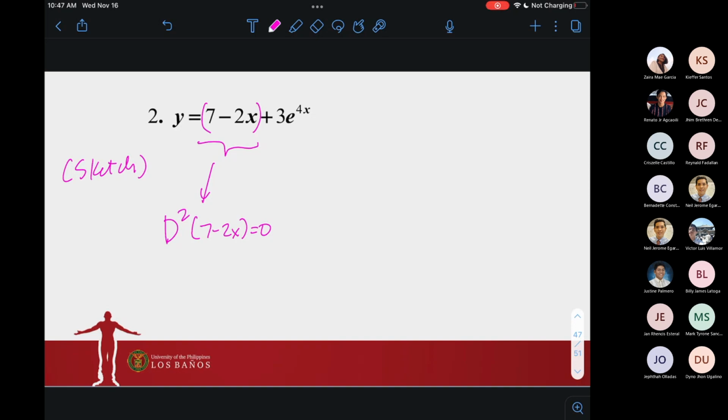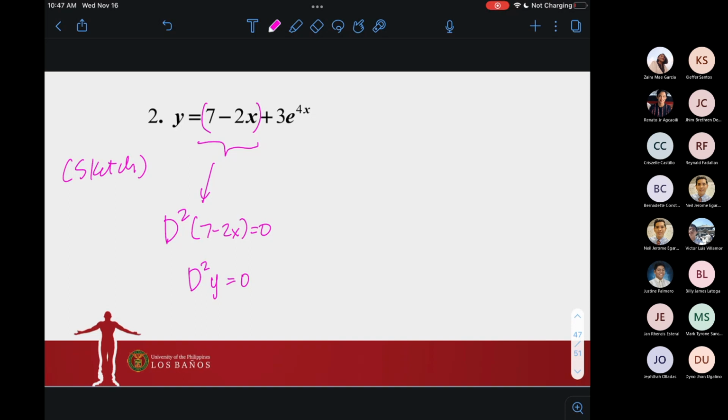Or in other words, yung 7 minus 2x, nanggaling siya, or meron kang 7 minus 2x dun sa solution kasi meron kang d squared y equals 0. Okay? Si 7 minus 2x ay solution ng d squared y equal kay 0. Is that good? Nag-overthink kayo, no?